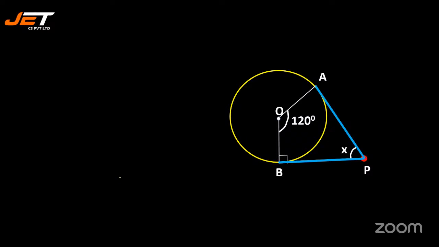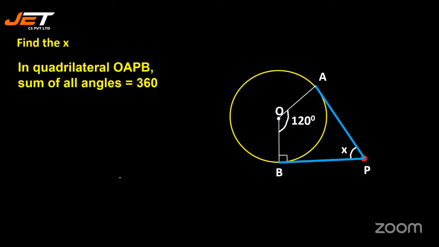This is a quadrilateral. Am I right? Yes. So find the x in quadrilateral OAPB. OAPB, that's a quadrilateral. So the sum of all angles is 360. That is 180 plus 180, so it becomes 360. Right?